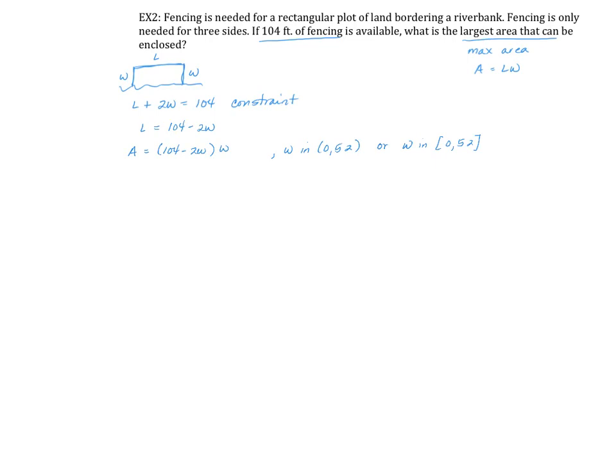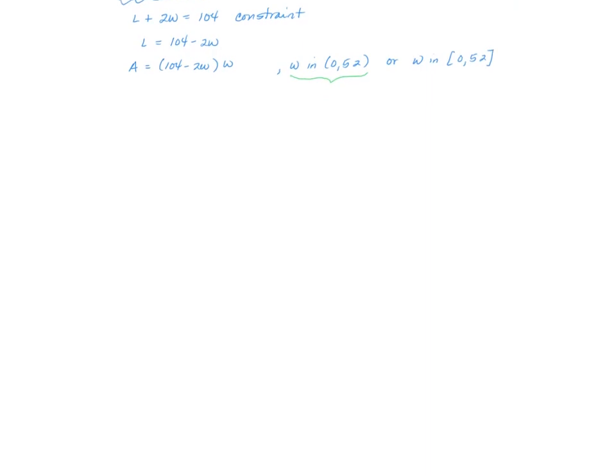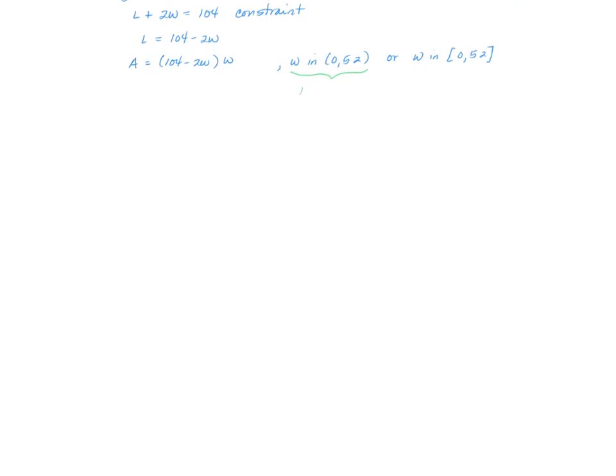But here, I can use either an open or a closed interval. So the difference is that if you're using an open interval, as we did in the first example, you're going to be using theorem 4.5 to verify if you have an absolute min or max.